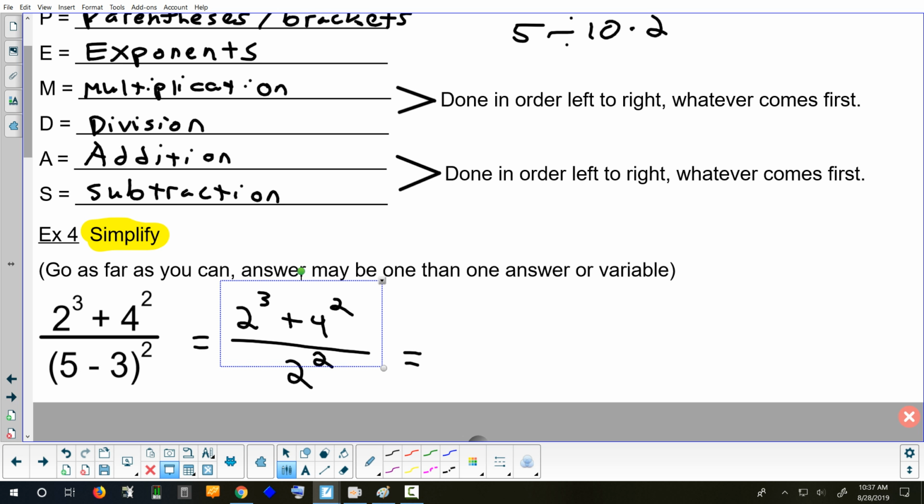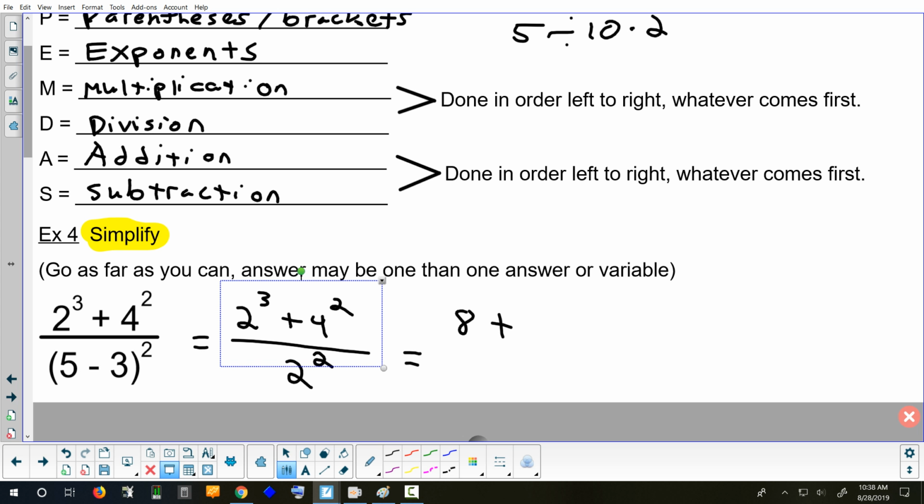2 to the 3rd power. Another way to say that is 2 cubed. What does 2 to the 3rd power mean? What times what times what? 2 times 2 times 2, which is how much? 8. Good job. So we did the first one. 4 to the 2nd power. 4 squared means 4 times 4, which is how much? 16.